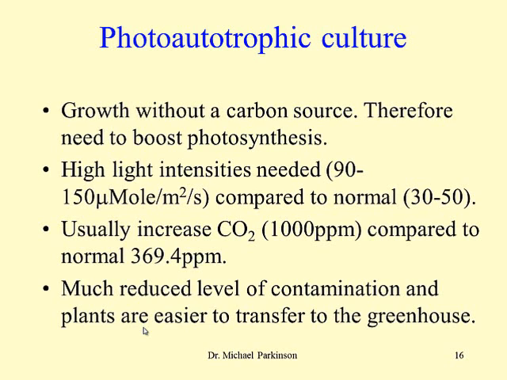If you grow cultures photoautotrophically, they tend to be much more physiologically normal. However, there is a downside in that you need to supply very high light intensities. We also tend to use high CO2 concentrations in our growth rooms when growing cultures photoautotrophically. So there are some advantages and disadvantages to photoautotrophic cultures.